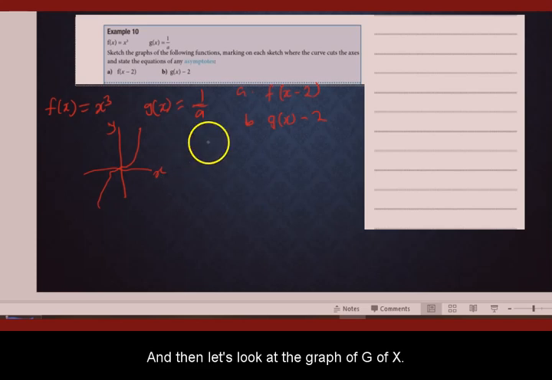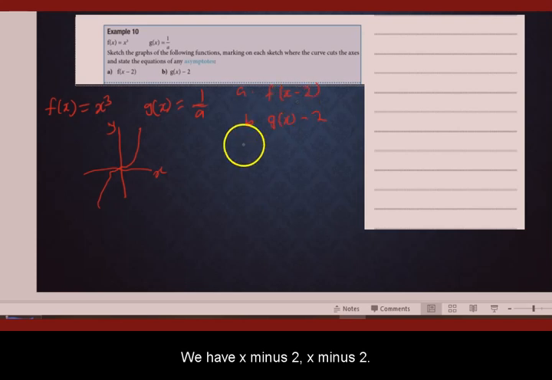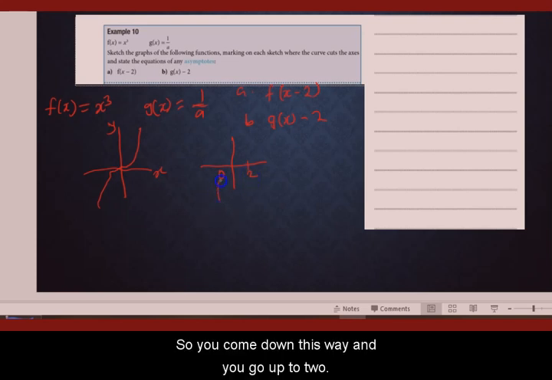And then let's look at the graph of g(x). We have x minus 2, it means it's going to touch 0 and positive 2. So you come down this way and you go up to 2.